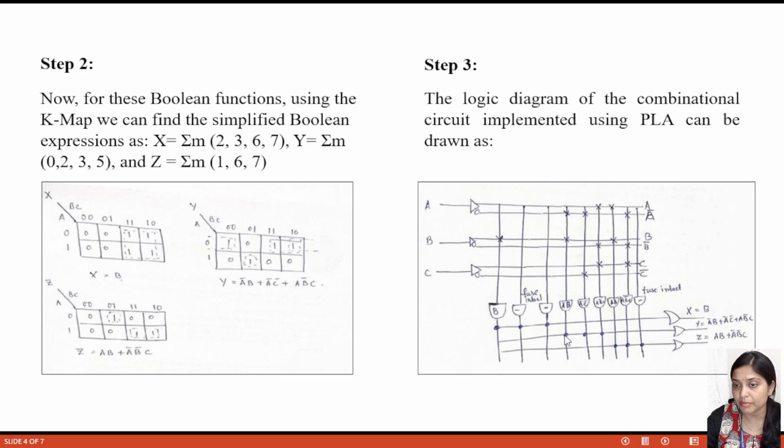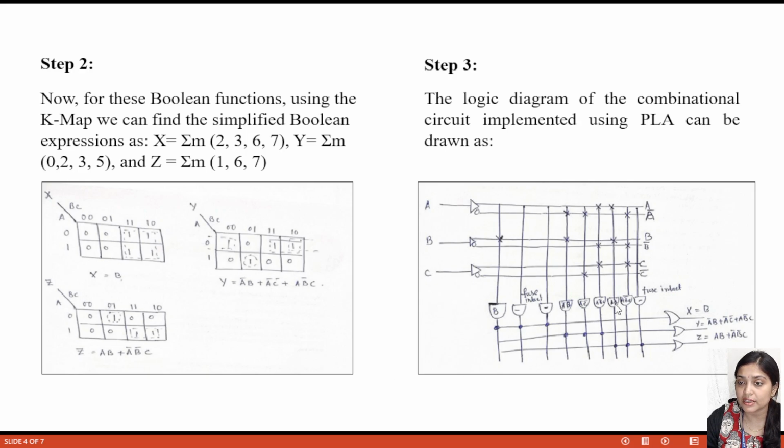As we make a dot here, here and here, these AND gate outputs are going to this OR gate. So Y is A bar B plus A bar C bar plus A B bar C. Now finally Z is AB plus A bar B bar C.